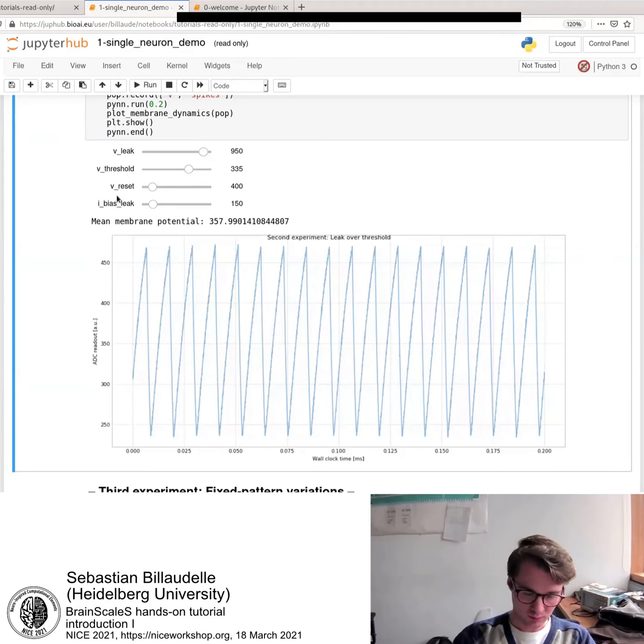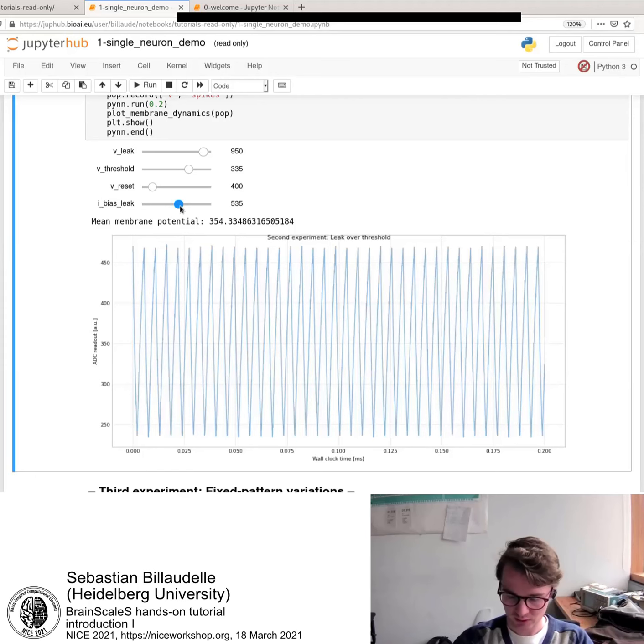Okay, so you can set the 3 potentials, and you can also tweak this bias current for the leak term. The leak term is kind of a resistor, but in CMOS technology, it's a pseudo resistor that can be tuned. So if I increase that bias current, we will decrease the leak resistance or increase the leak conductance, and that leads to an increased firing rate.